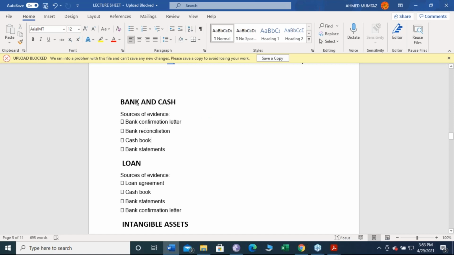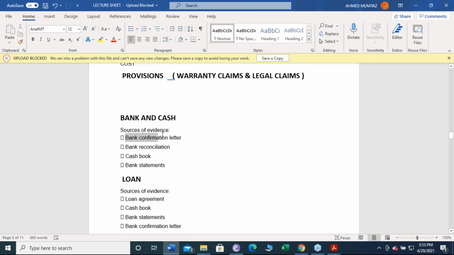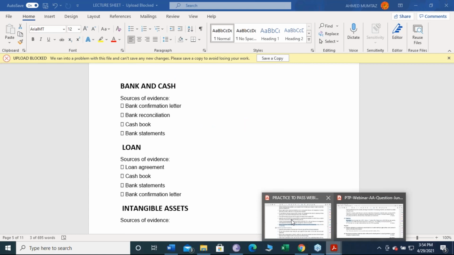I can get the breakdown of the bank and cash balance and cast them. Cash book balance can be compared with the trial balance and the statement of financial position. Bank statements can also be verified with the bank confirmation letter. And bank confirmation letters can be used to verify any loan, any covenants attached with the bank, and the balance. Okay, now my mind is working a bit.